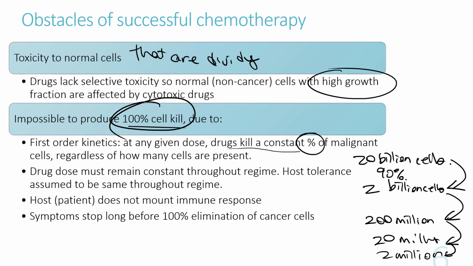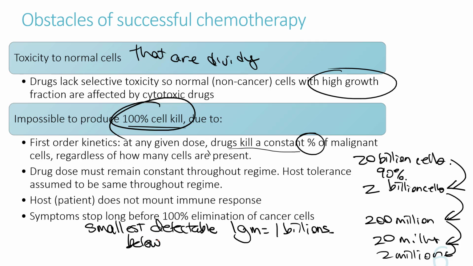So that's one thing. Now, from the previous slide, we see that the smallest detectable mass of cells is 1 gram, which equals 1 billion cells. And below this, it's subclinical, right? The symptoms are subclinical.